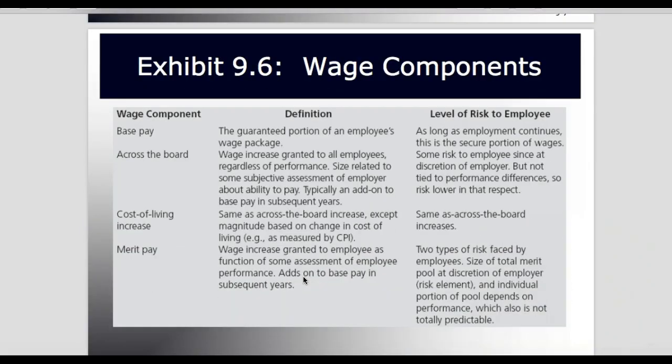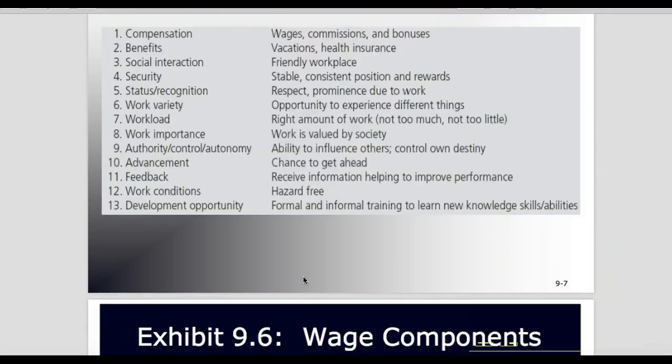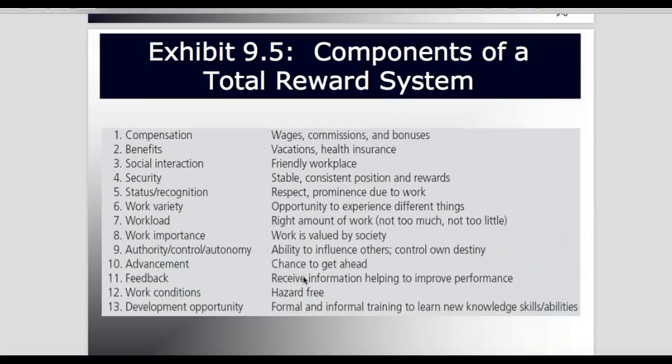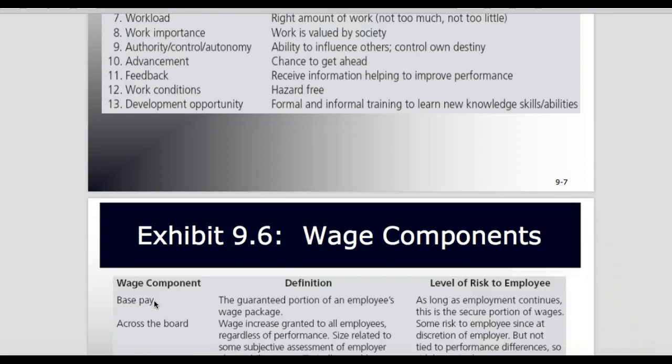Now here are some of the components of the reward system, and you notice that compensation and benefits are number 1 and number 2, and then as we go down we see work conditions and development opportunity. So you see that there's quite a few in here.